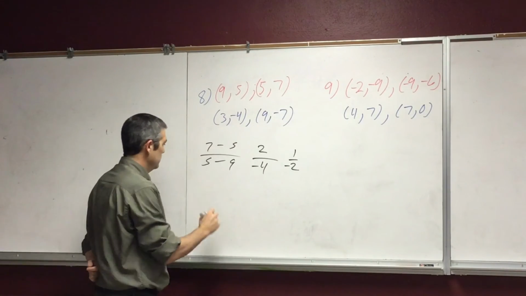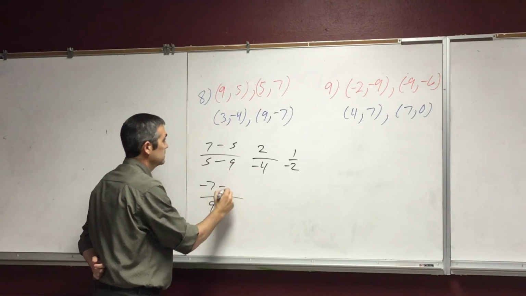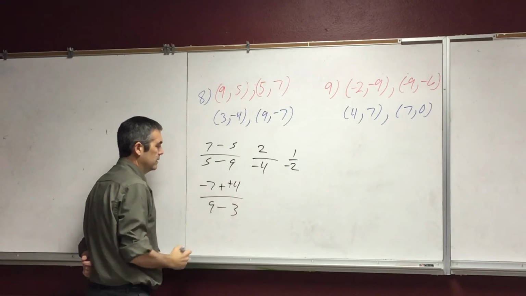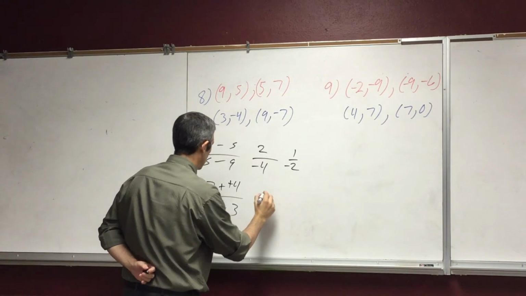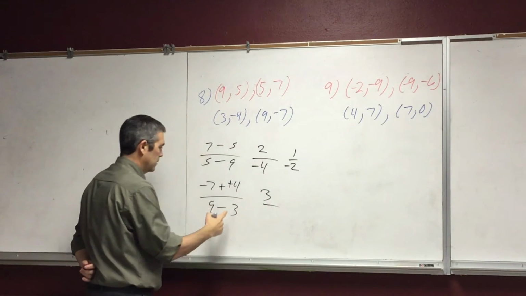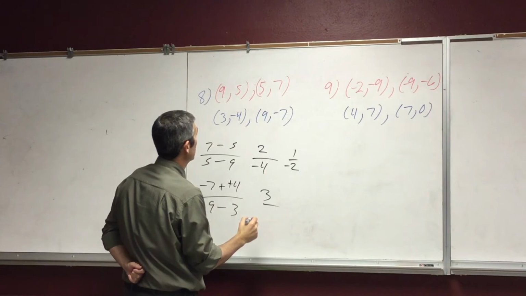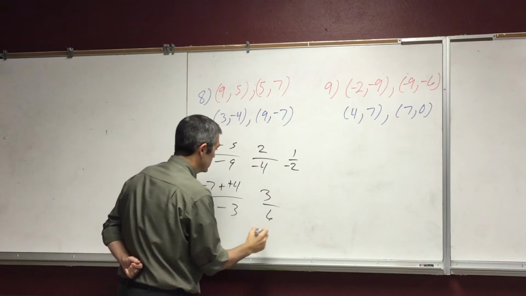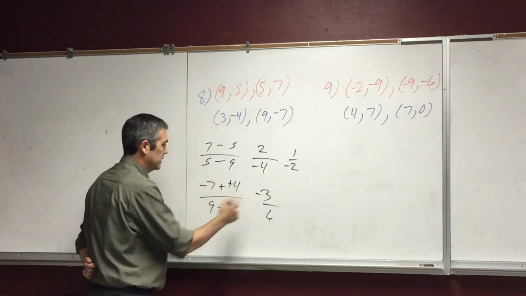Do the same thing here, negative 7, 9, minus, negative 4, 3, click, okay. 3, hold on, wait. 6, negative, sorry, watch your sign.